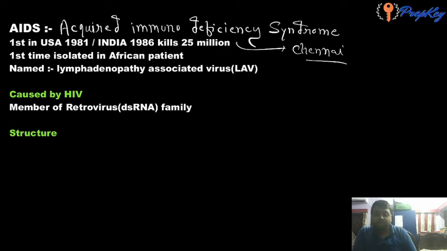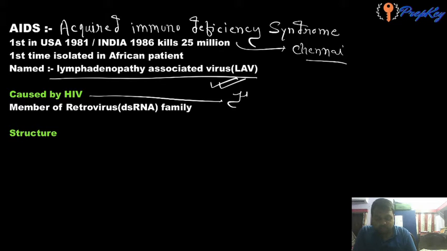It was first isolated in an African patient, and we named it lymphadenopathy associated virus, that is LAV. After some time we named it HIV. The full form of HIV is human immunodeficiency virus.